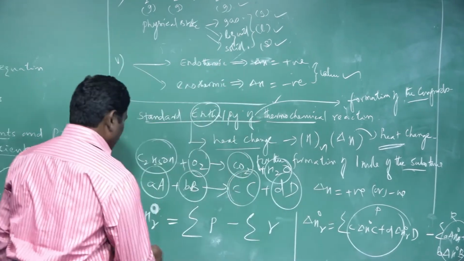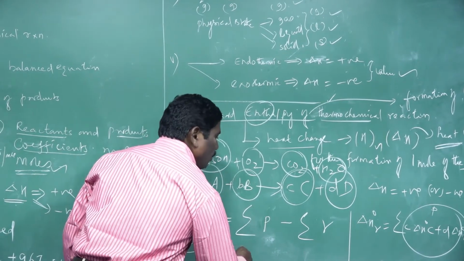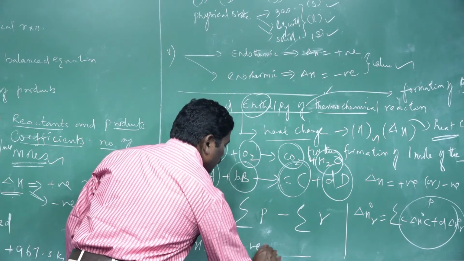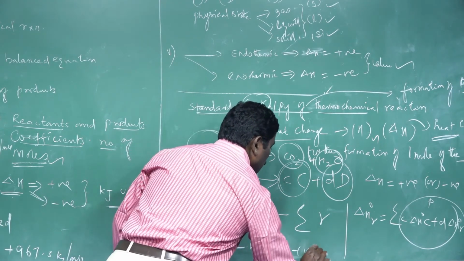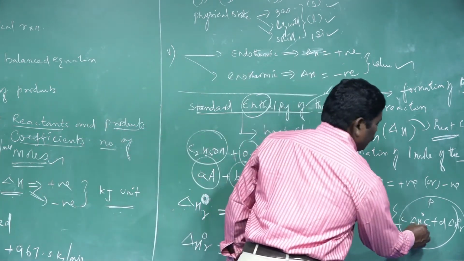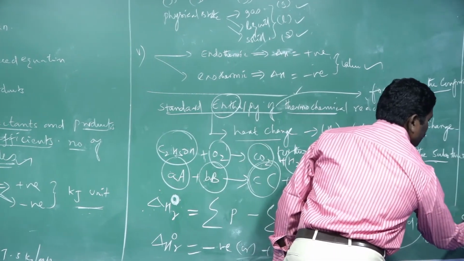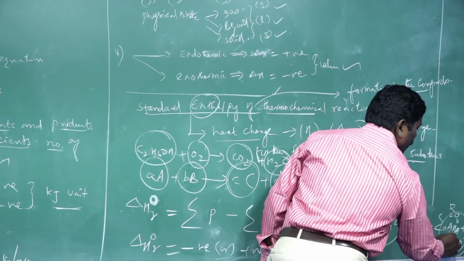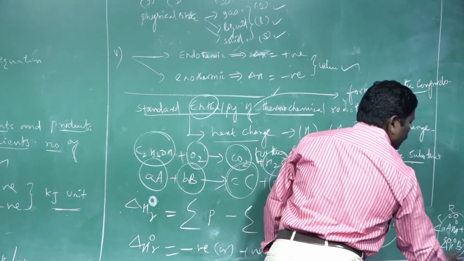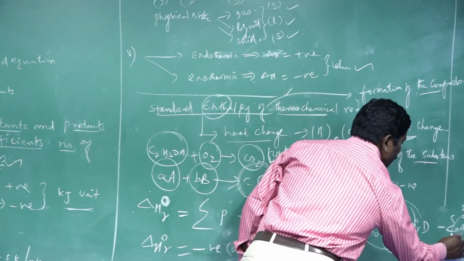Now from this we can calculate delta H naught of the reaction, which will be either a negative value or a positive value. Suppose for the products the enthalpy is 10 joules plus 10 joules, giving 20, and for the reactants 20 kilojoules of delta H formation of A and 20 kilojoules of delta H formation of B, which we add to get 40.